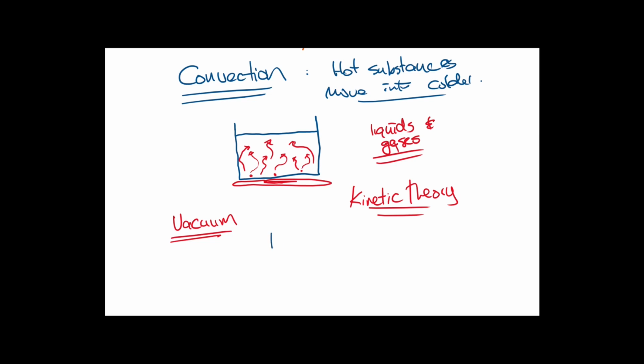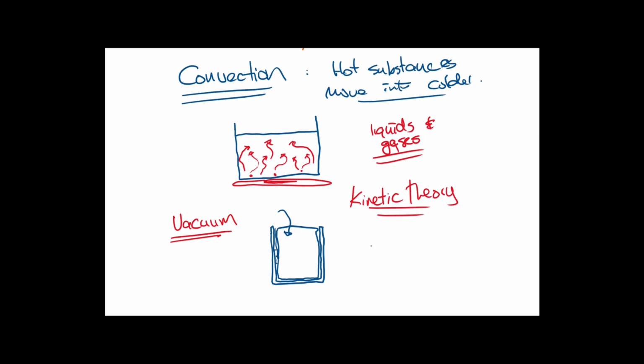What it is there is an outer container here, and that's there like that. And then there is an inner container that's inside that. And what that does is if we put something hot in here, it cannot conduct across.